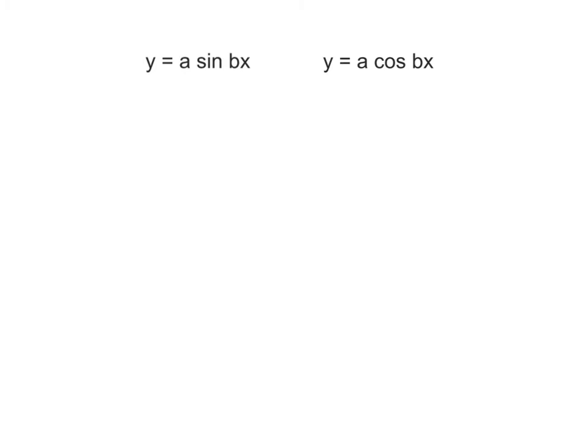Remember, the period is one cycle of the function. In either case, whether we're talking sine or cosine, the period would simply be 2 pi divided by whatever the value is for b. So period equals 2 pi over b.